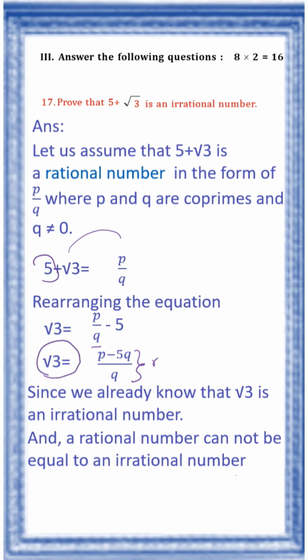So this is a rational number, this is an irrational number. A rational number cannot be equal to an irrational number. So our assumption is incorrect. Hence proved, 5 root 3 is an irrational number.